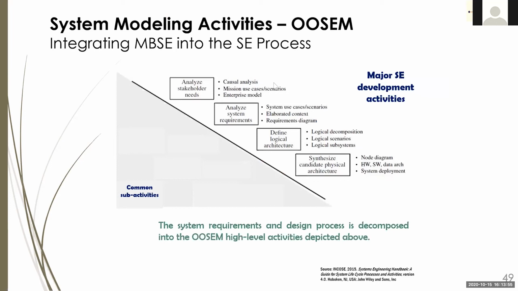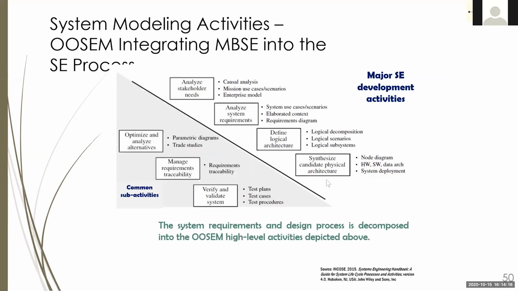Now, continuing with this example, let's see how we can integrate model-based. On the upper part, we have some of the main activities: analyze stakeholder needs, analyze system requirements, define the logical architecture, synthesize candidate physical architectures, and then some other activities that we might use to support that process.